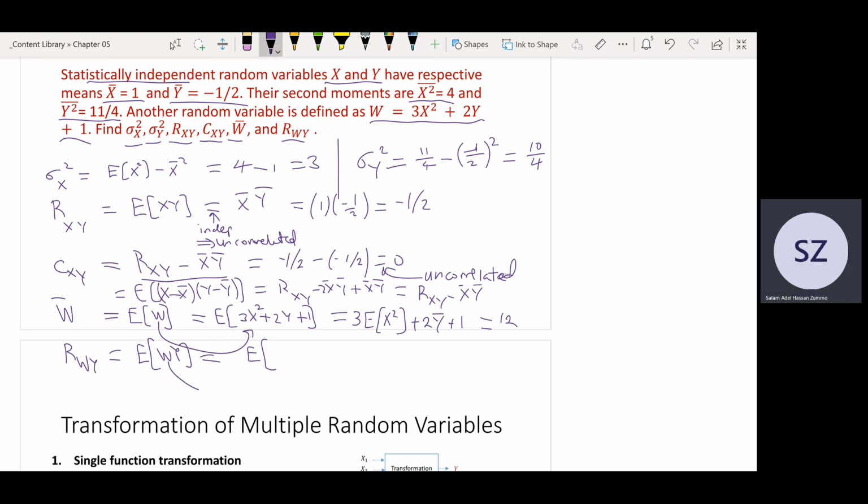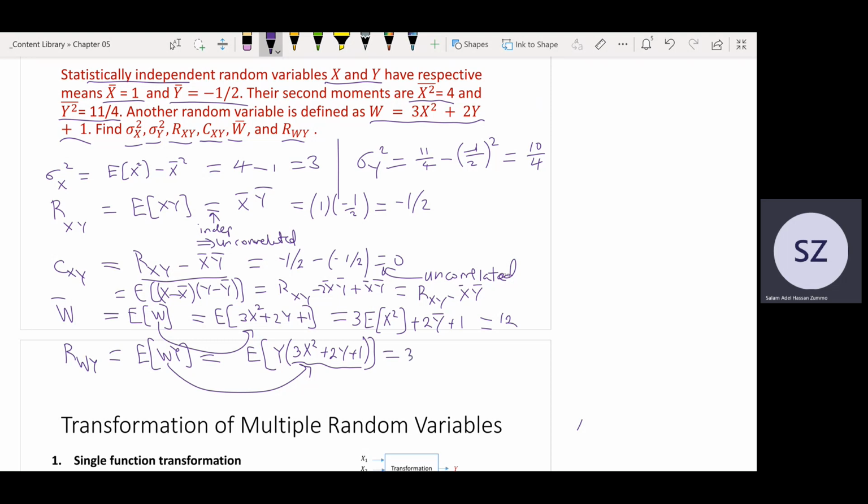Simply, you just write what W is. So what do we have here? W is already given, right? So we have Y multiplied by 3x squared plus 2y plus 1. Now, what we did here is we substituted for W. Now we just open up things and use the linearity. So what do we have?